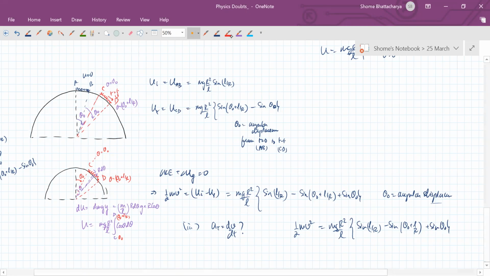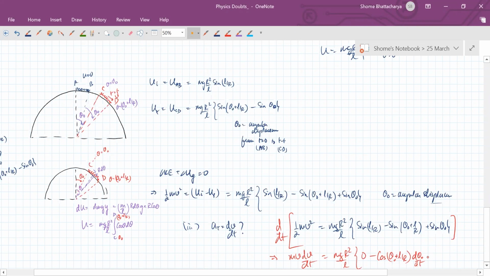And you can differentiate both sides of this equation with respect to time. So differentiation of this term will become mv dv by dt, and on that side, this is a constant. Now differentiation of sine of L by R will be 0, but differentiation of this term will become cos of theta naught plus L by R into d theta by dt.